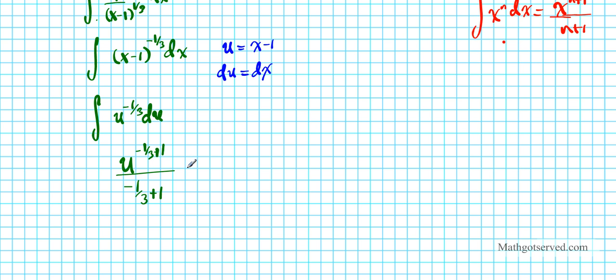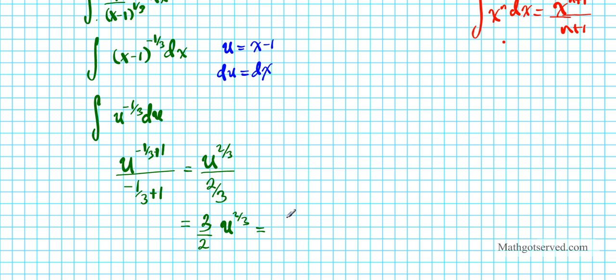So that's going to give me u to the 2/3 over 2/3. And then when I multiply the numerator by the reciprocal of the denominator, I have 3 over 2 u to the 2/3. Okay, so just reciprocate this and multiply it by the numerator, and then get that.